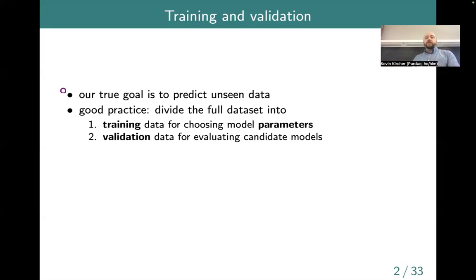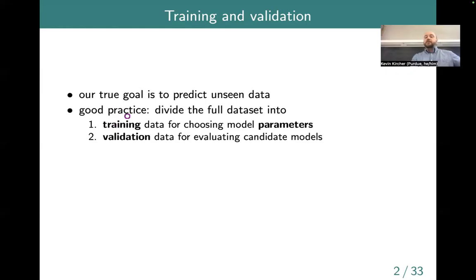Okay, so unfortunately, while we're doing the training and building the model and validating the model, we don't have the unseen data yet by definition. So we can't use the model performance on that unseen data as our benchmark. So as a stand-in, it's typical to divide your data into two subsets, one that we would call the training data and one that we'd call the validation data.